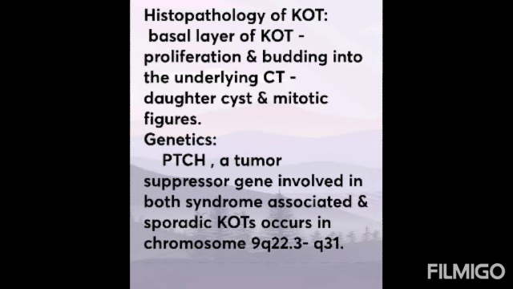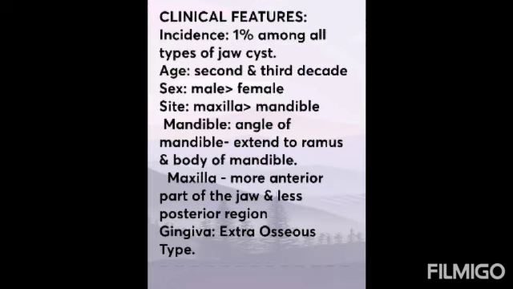So this is the chromosome involved in the keratocystic odontogenic tumor. If it has daughter cysts and mitotic figures, proliferation is higher, so the recurrence rate is higher. It acts as a KOT, that is keratocystic odontogenic tumor.